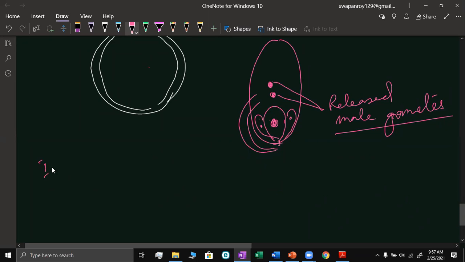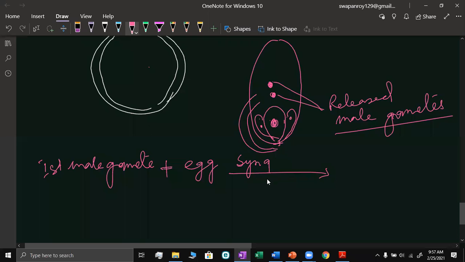Now, out of these, the first male gamete fuses with the egg. The process is called syngamy or fertilization.